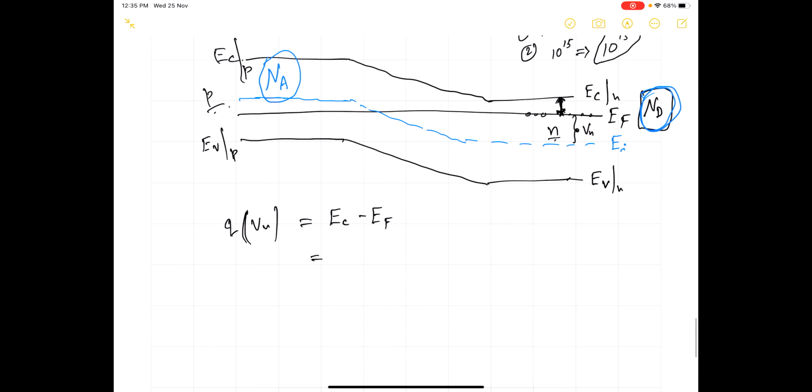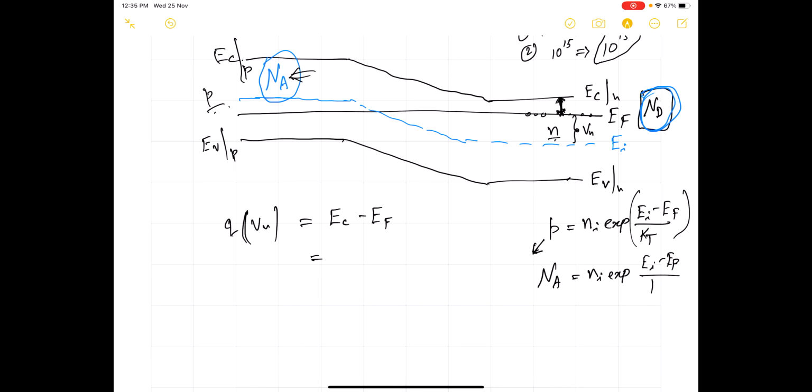So for p type, p equals Ni times exponential of Ei minus Ef divided by Kt. P is the extrinsic carrier concentration in p type, and P is basically Na. So Na equals Ni times exponential of Ei minus Ef divided by Kt.